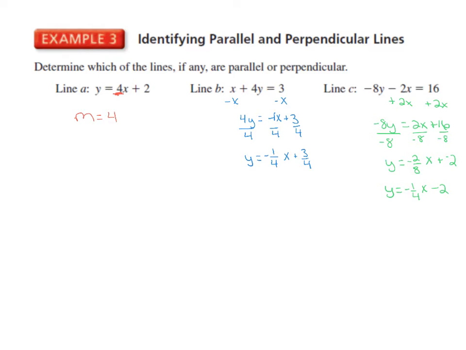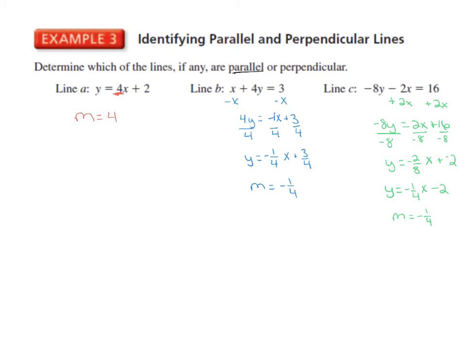Now I have to see if any of them are parallel. That was the first thing in my directions. Parallel lines have the same slope. My slope in the first one was 4. In the second one, my slope is -1/4. And in line C, my slope is, again, negative 1/4. This is why reducing fractions is super important.